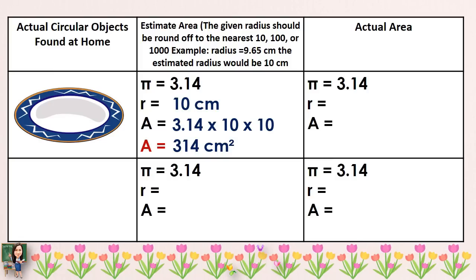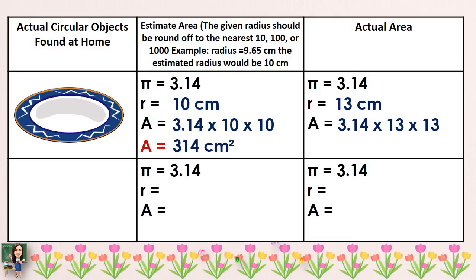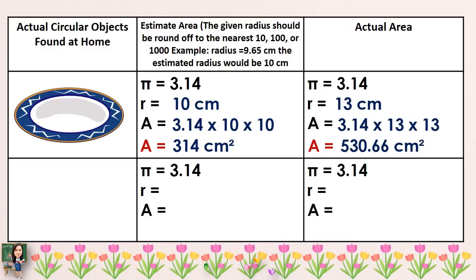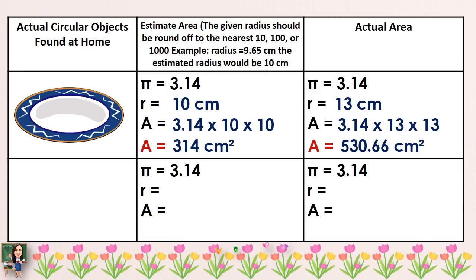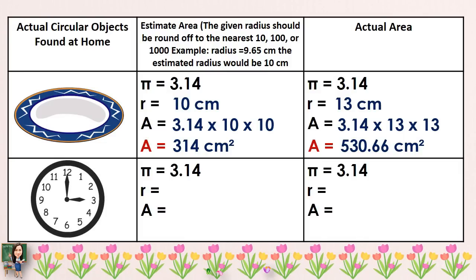And then for the actual area, the radius is 13 centimeters. 3.14 times 13 times 13 equals 530.66 square centimeters.